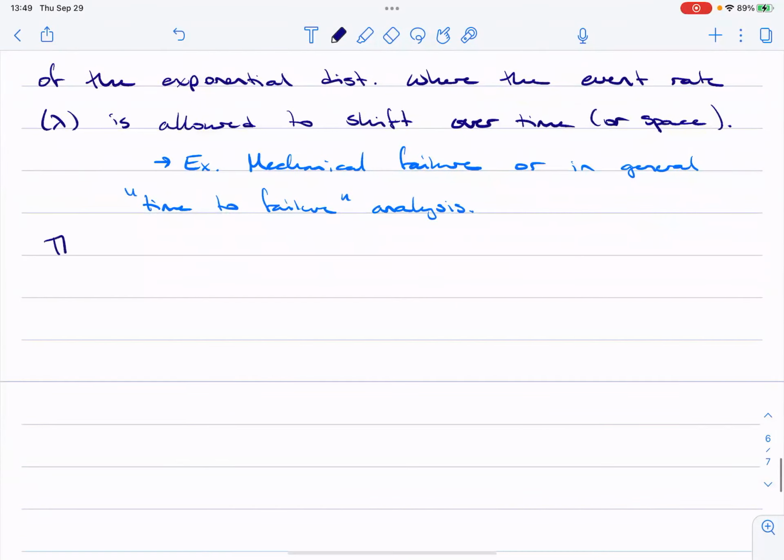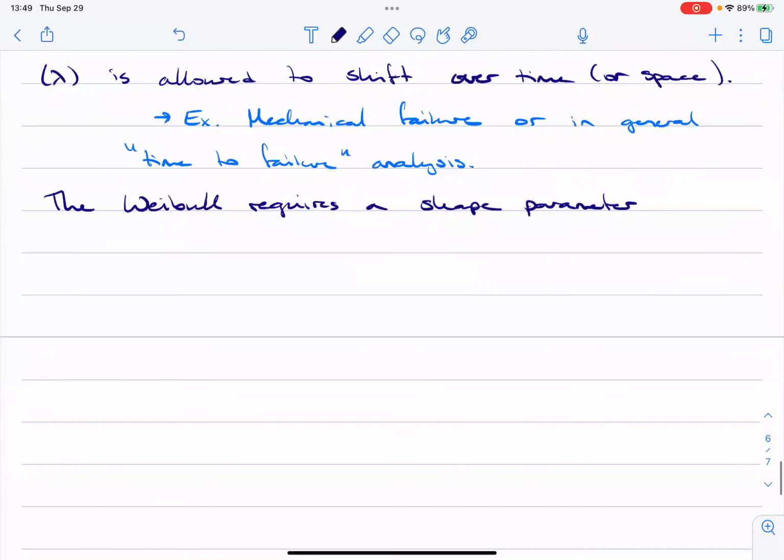So the Weibull requires a shape parameter, beta. And if beta is greater than 1, then the probability increases over time.